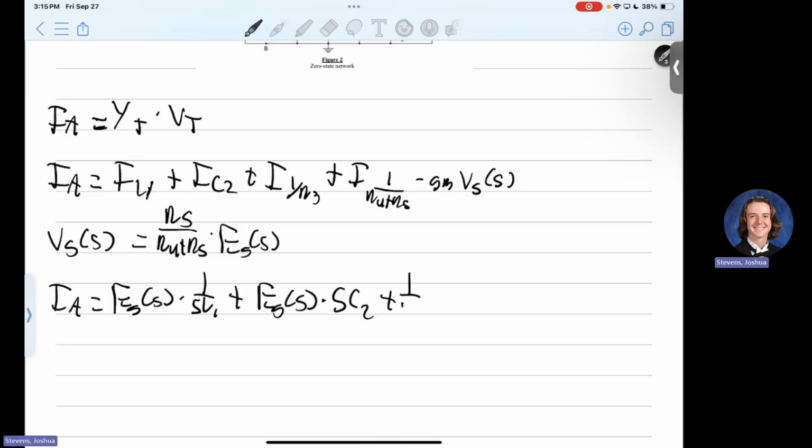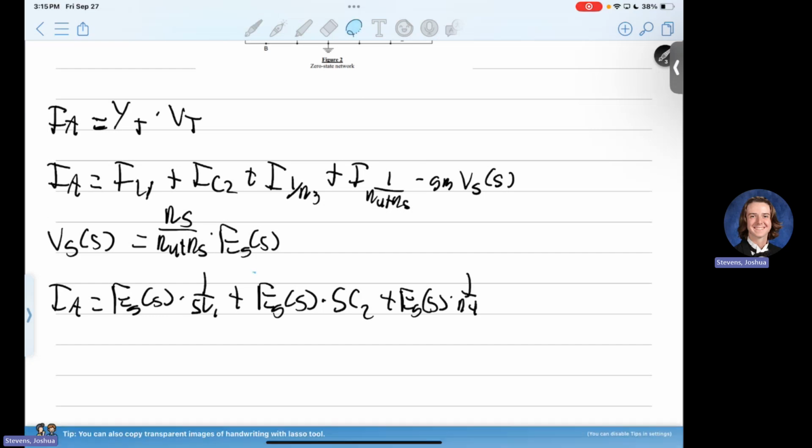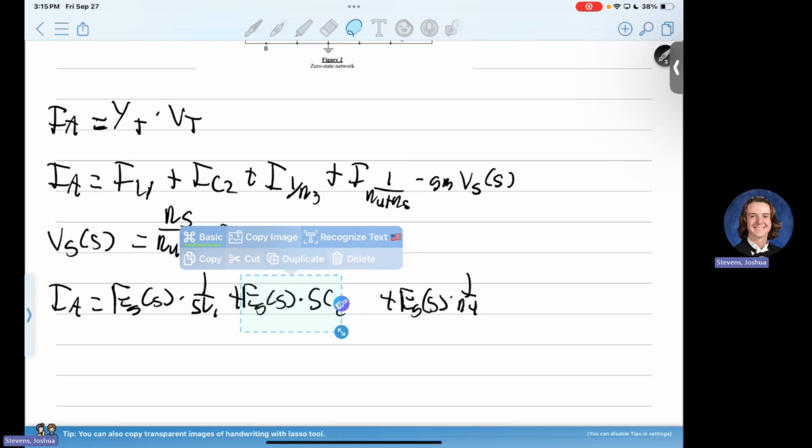I'm going to keep it as 1 over R3 though, just for math's sake. I don't want to have to redo math. I'm going to shrink this a little bit, sorry. I want more space.